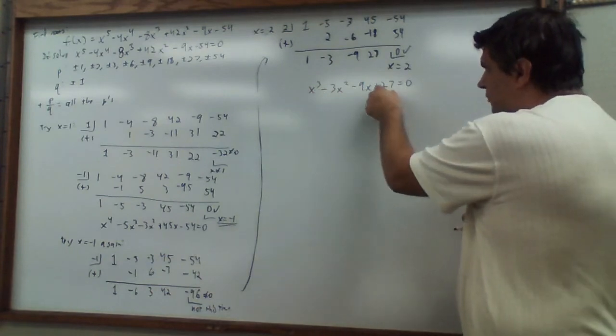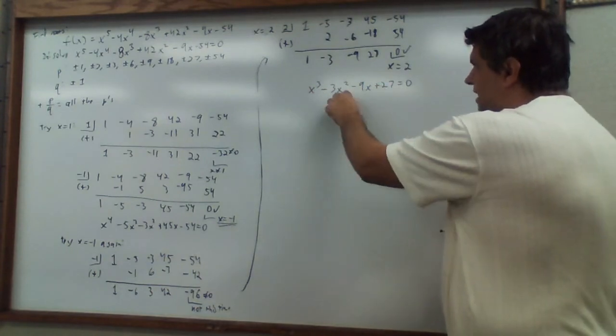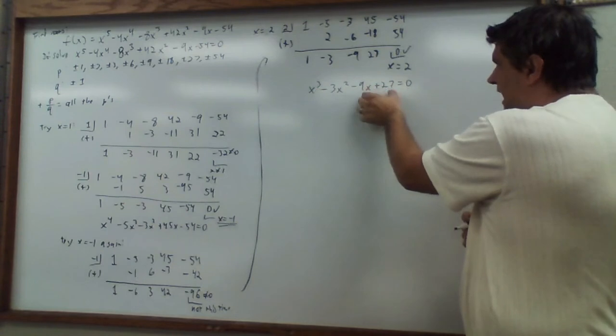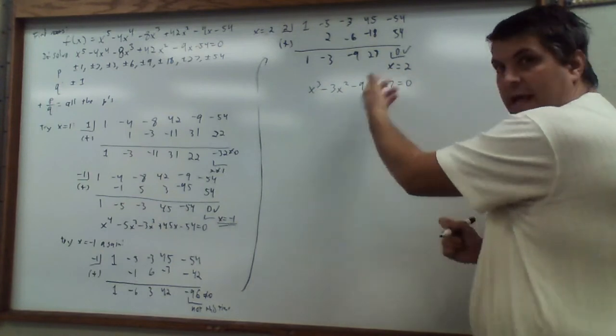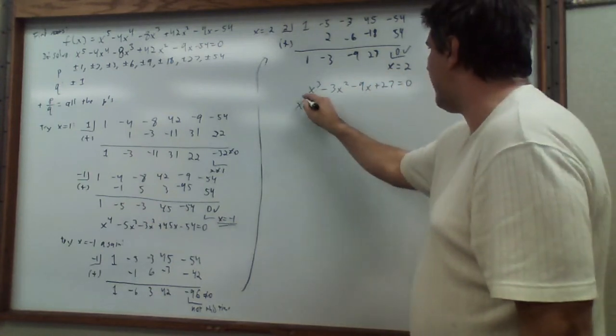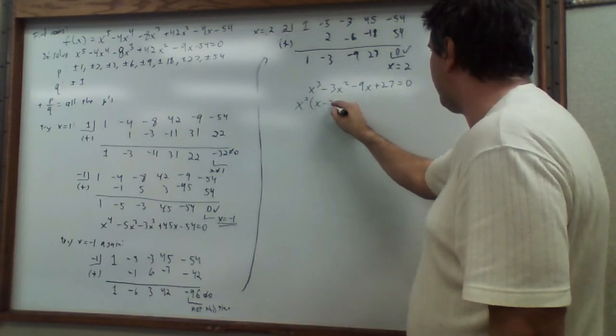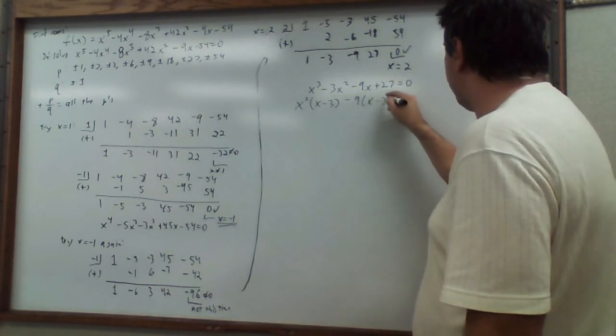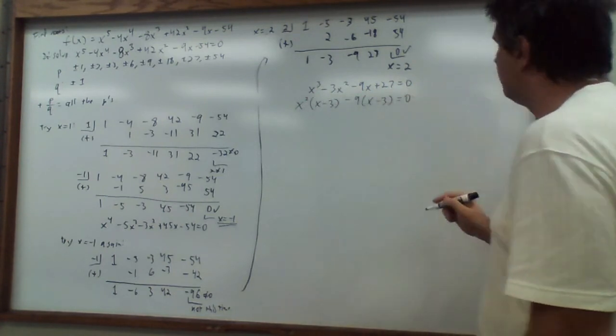This would be negative 3 times that. So if I factored out an x squared here, I would get x minus 3. If I factor out a negative 9, I would again get x minus 3. So I'm going to try factoring by grouping. So I'll take the x squared out. We have x minus 3 minus 9 times x minus 3 equals 0.